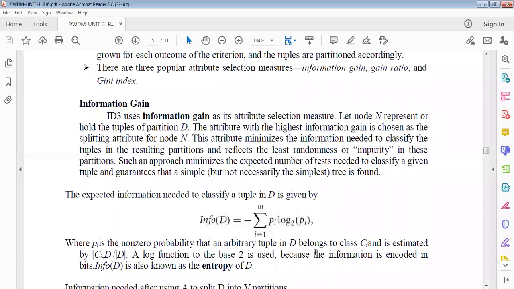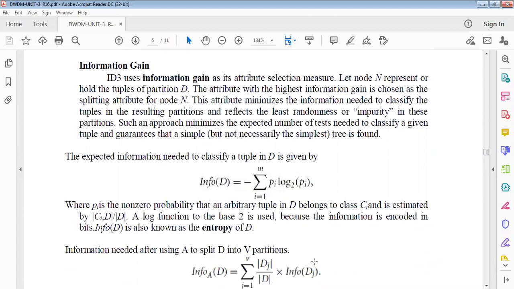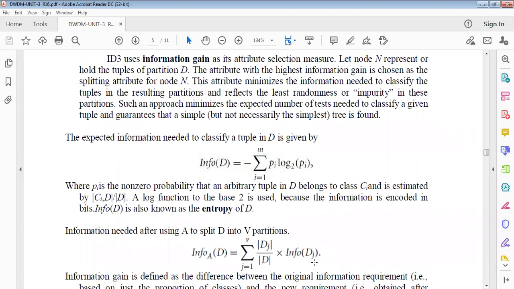The log function to base 2 is used because the information is encoded in bits. Info(D) is also known as the entropy of D. So what is entropy? The information of the tuple partition is simply called entropy.